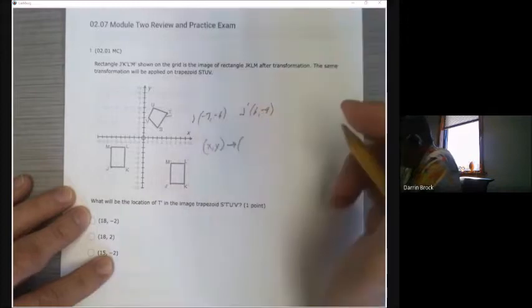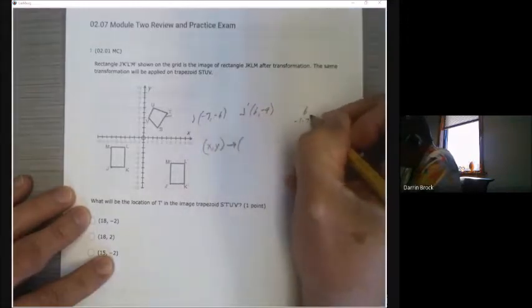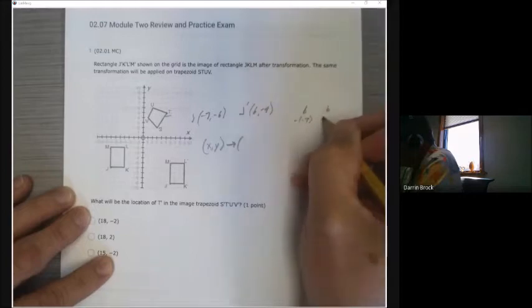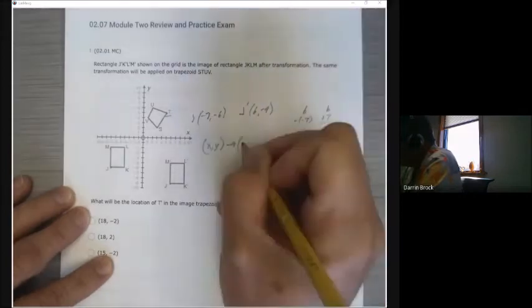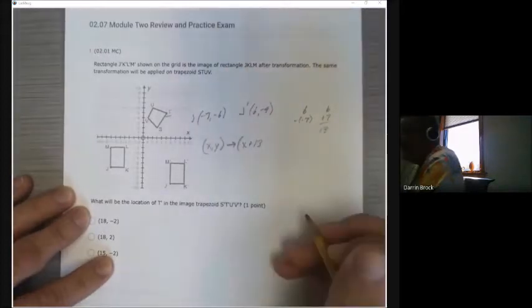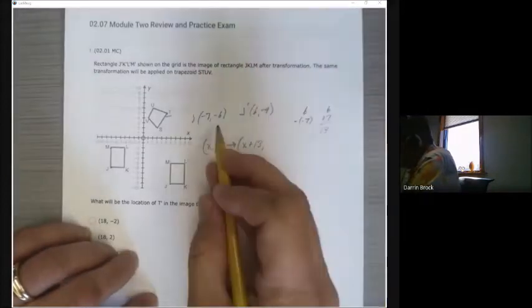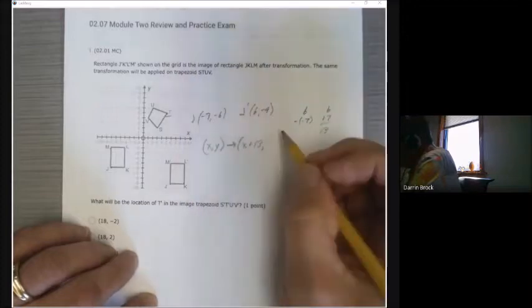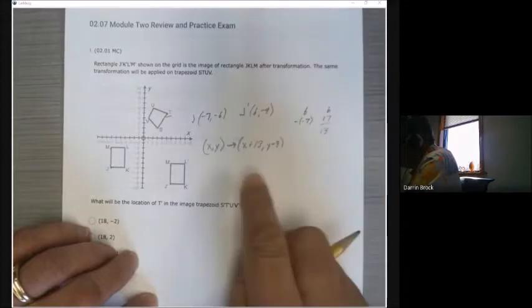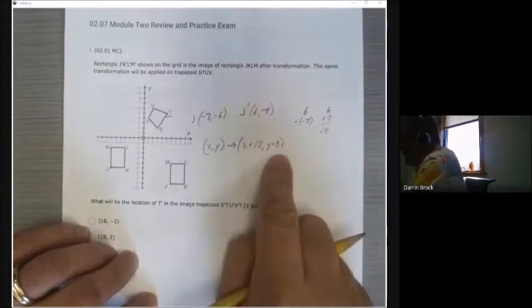Well, 6 minus -7 means you add. So it's the same as 6 plus 7, 13. So this is X plus 13. And the Y went from -6 to -9, which means the Y subtracted 3 more. So the rule is X plus 13, Y minus 3.